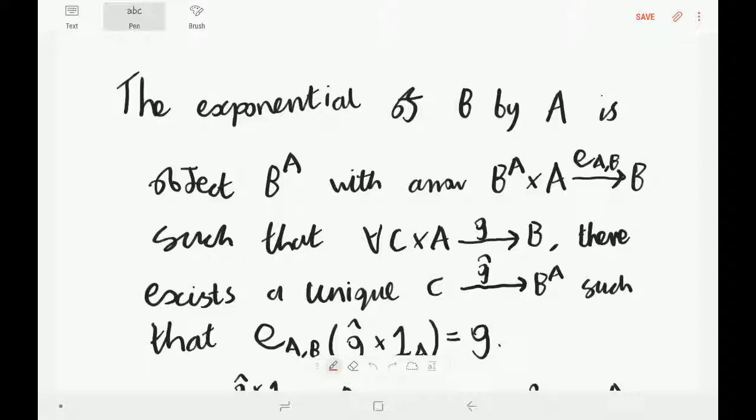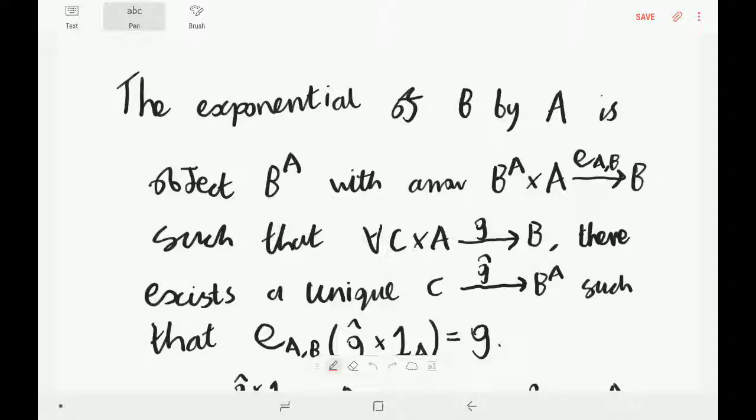Ideas like the lambda calculus of computer science can be understood in terms of exponential objects. It allows us to go from the particular to the general and understand this relationship between the particular and the general in much more generality.